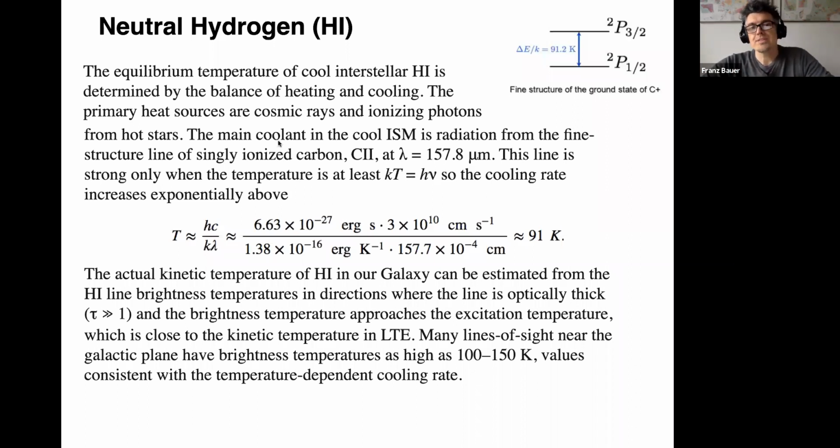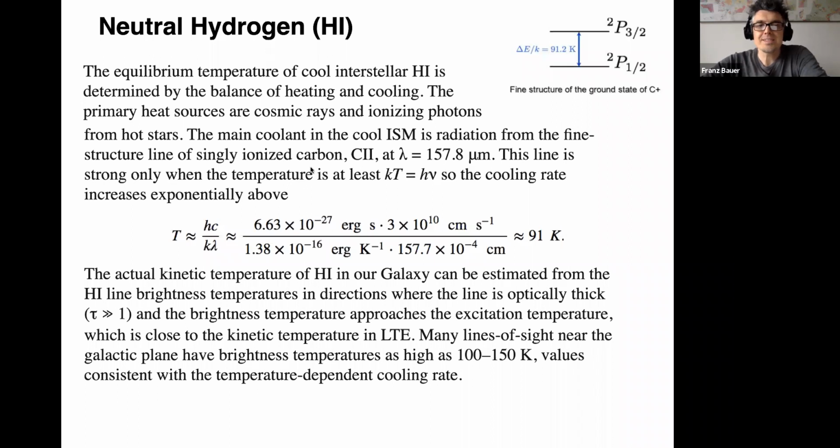So the main coolant that we talked about last Wednesday was singly ionized carbon, C II. This is typically the way that most of the ISM cools, because this has a relatively fast transition. And there are some other ones that are also important from nitrogen and oxygen.